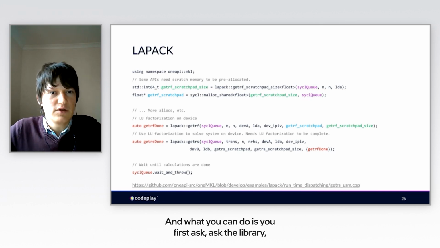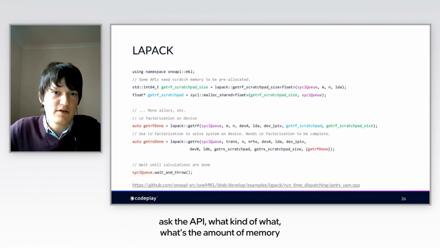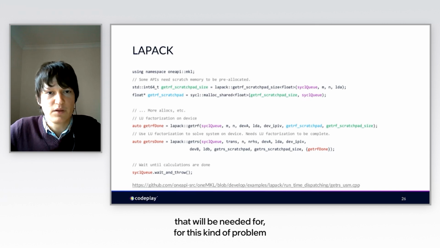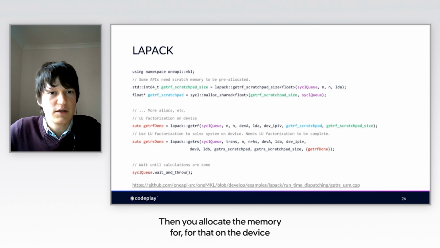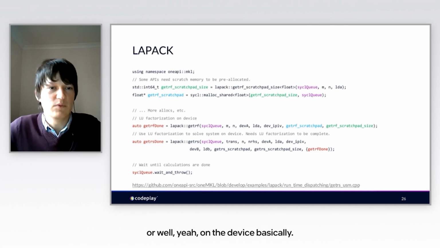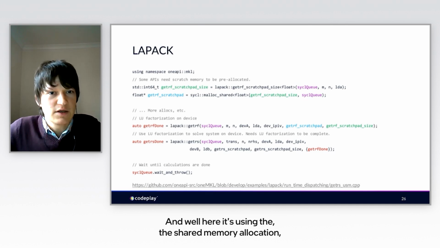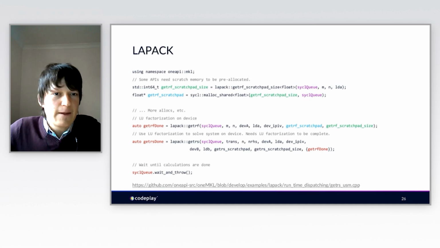And what you can do is you first ask the library, ask the API, what's the amount of memory that will be needed for this kind of problem that you have, given your objects and what you want to do. Then you allocate the memory for that on the device, and well, here it's using the shared memory allocation, but that still gets to the device eventually.